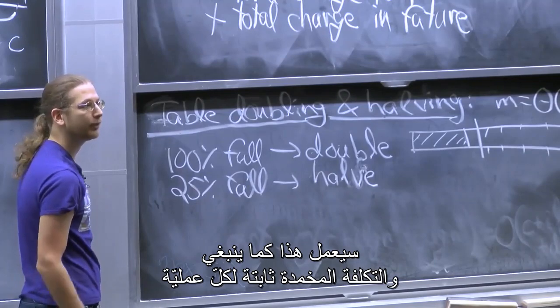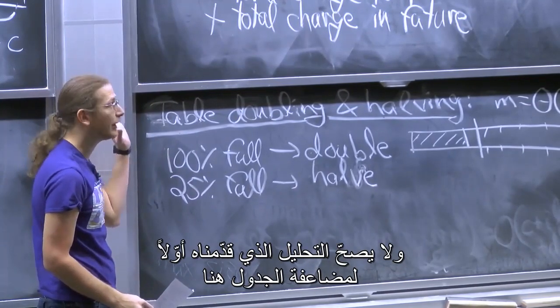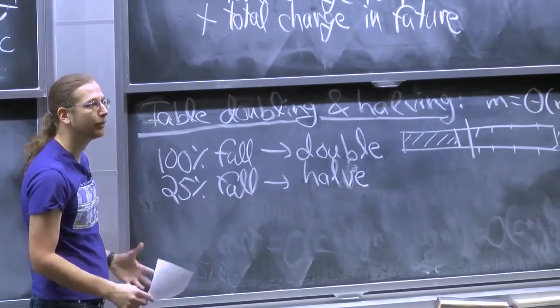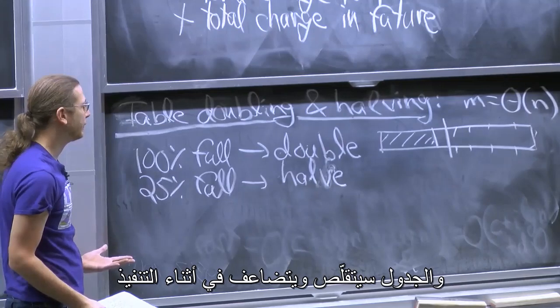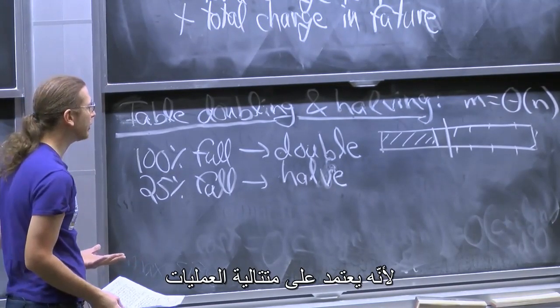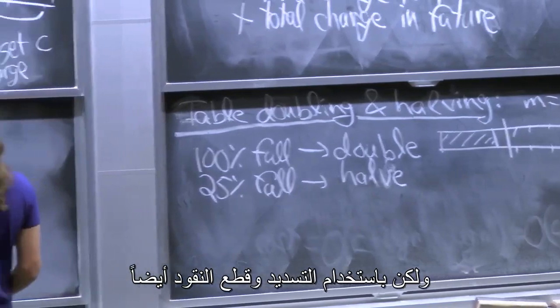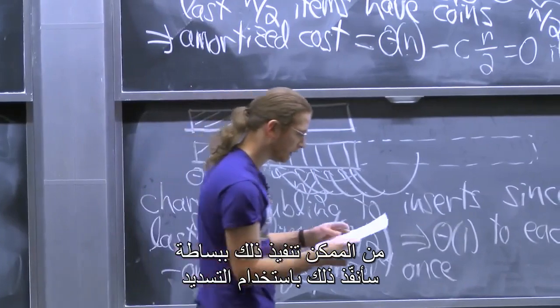This will be constant amortized per operation. But especially the initial analysis we did of table doubling isn't going to work here because it's complicated. The thing's going to shrink and grow over time. Just summing that is not easy. It depends on the sequence of operations. But with charging and also with coins, we could do it in a pretty clean way. I'm going to do it with charging.